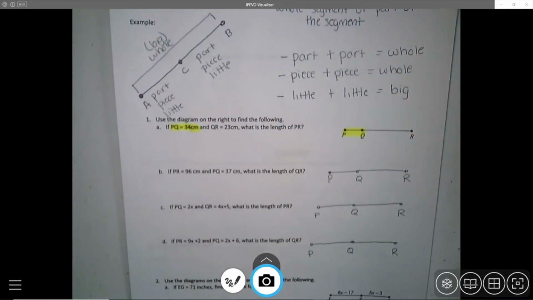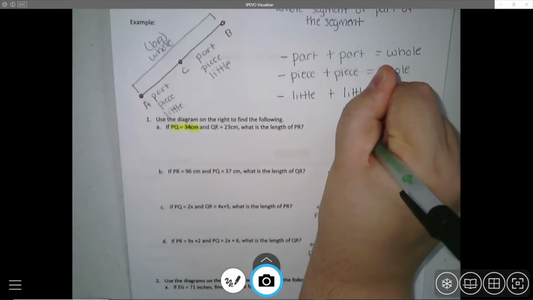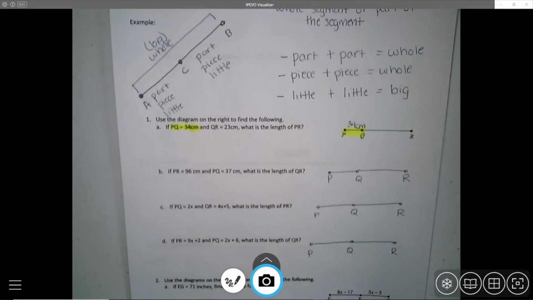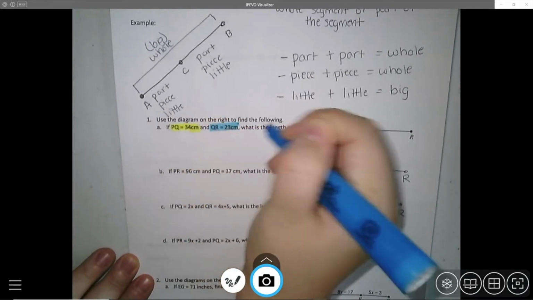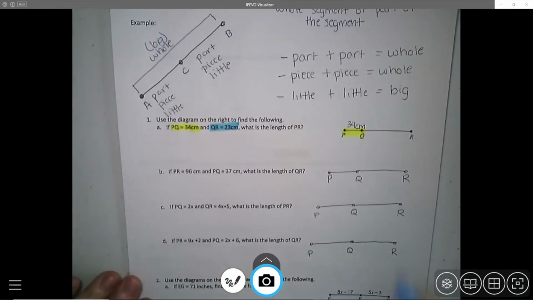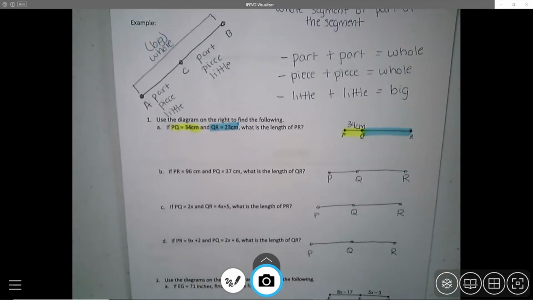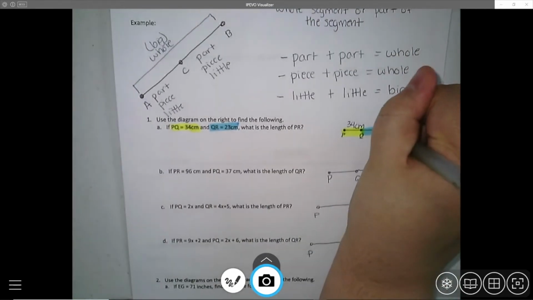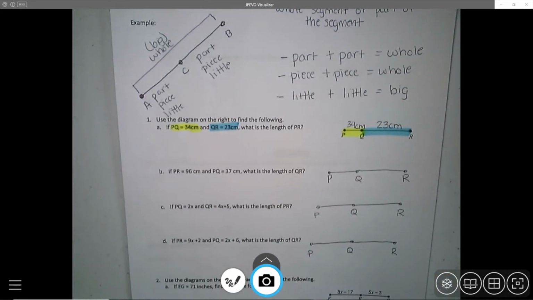All that I'm highlighting is what is between P and Q. They tell me that's 34 centimeters, so I mark that. Another piece of information they give me is QR is 23 centimeters. Q to R is 23 centimeters. They want me to find the length of PR.